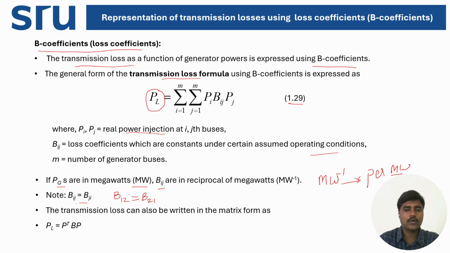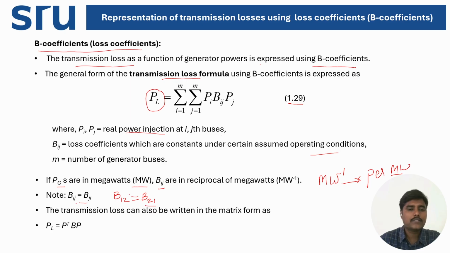It is just like measuring the distance from one point to another: whichever side you measure from, it will be the same. In a similar way, the loss coefficients are the same whether you consider them from bus 1 or from bus 2.